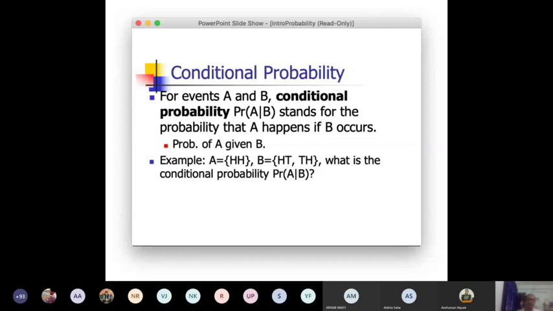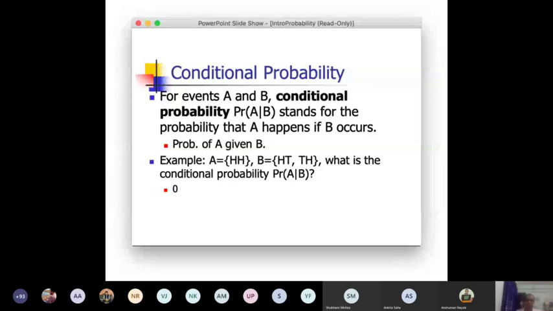Can you tell me what is this conditional probability of A given B in this case? Zero. Somebody say zero. Yeah, that's right.